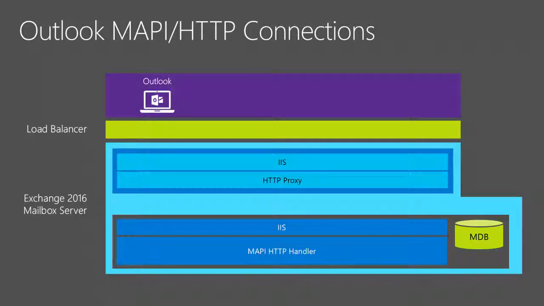about the connection. So RPC over HTTP, or Outlook Anywhere, is a half duplex protocol. So in order for us to get connectivity with Outlook Anywhere using HTTP, we needed to create two channels. One was the RPC data in channel, which was the channel used when you're sending data to the server.